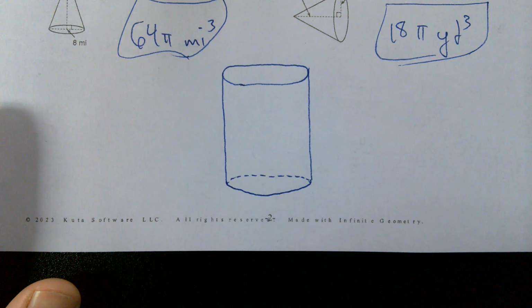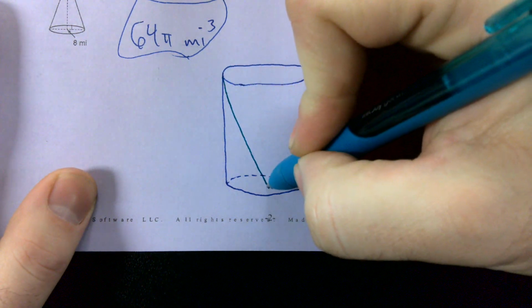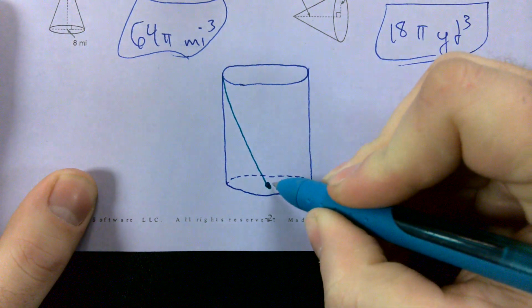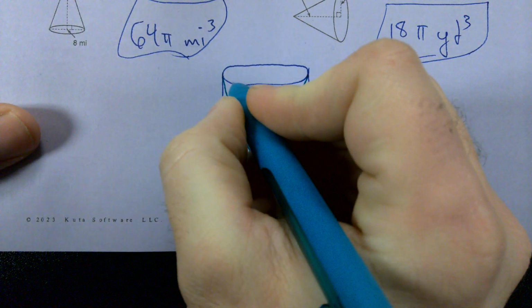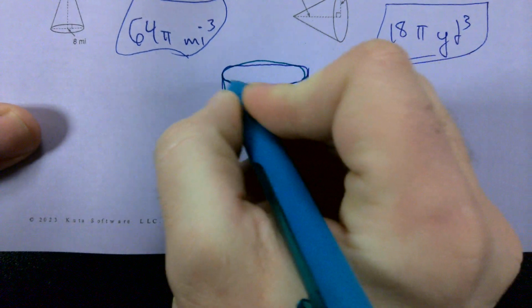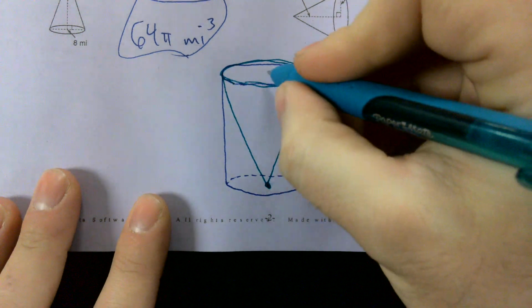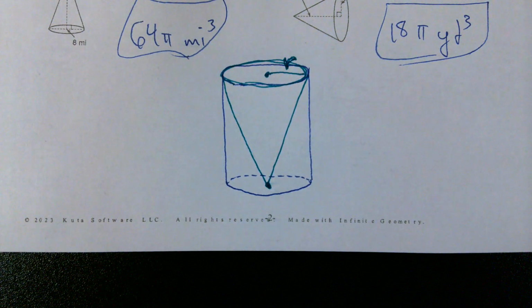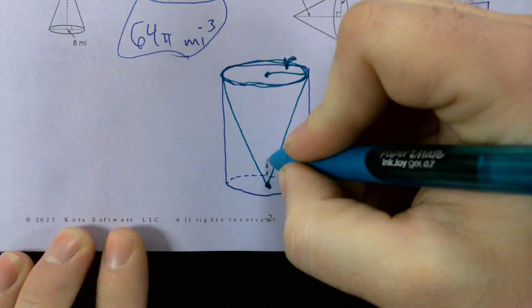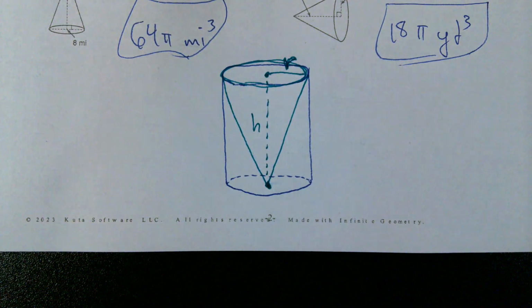Right, if we had a cone on the inside of this cylinder, sharing that midpoint, or that center point, something like that. So if we had a cone with the same radius, right, my R is the same for both the cone and my cylinder, and the height is exactly the same for both my cone and my cylinder.